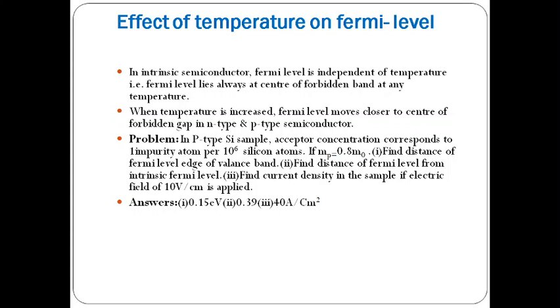Find the distance of the Fermi level from the edge of the valence band. Find the distance of the Fermi level from the intrinsic Fermi level. Third, find the current density in this sample if an electric field of 10 volts per centimeter is applied. So here I mentioned the answers. You can solve this problem from the previous discussions. If you are not getting any answer, you can ask me.